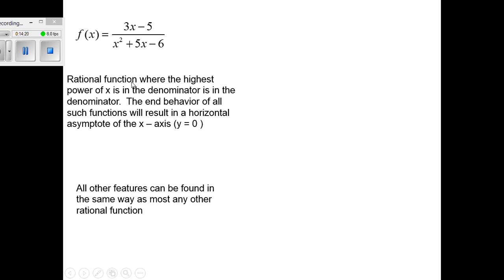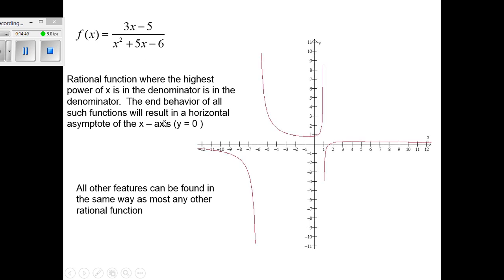Other than that, we've got an x-intercept easily found at 5/3 positive, y-intercept at 5/6, and the denominator is factorable, revealing our asymptotes. There's a factor into x plus 6, x minus 1, right? So we get asymptotes at -6 and +1.